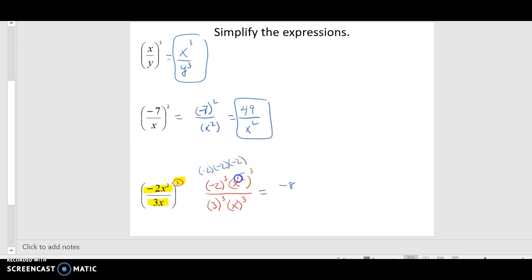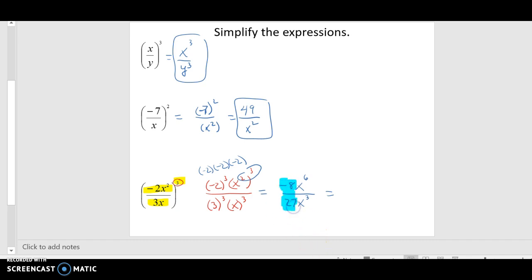But now when I raise a power to a power, what do I do with the exponents here? I multiply them. So I get negative 8x to the 6th over 3 times 3 times 3, which is 27x to the third. Now, if I look at these two numbers, could I reduce this fraction?